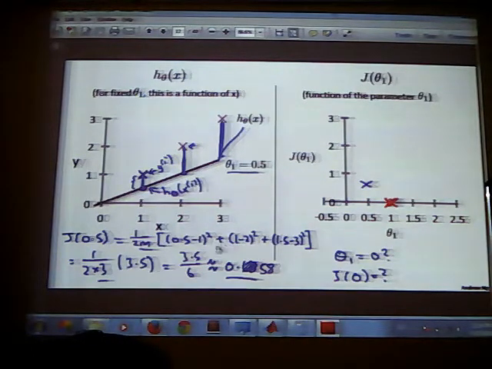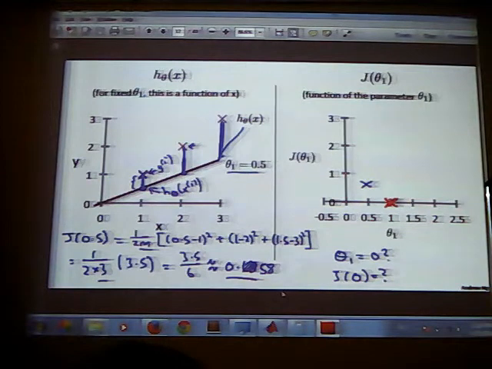We are simultaneously updating the value of theta. The concept of updating theta we will see later in the upcoming slides. So for j of 0.5, the calculated value will be around 0.58.